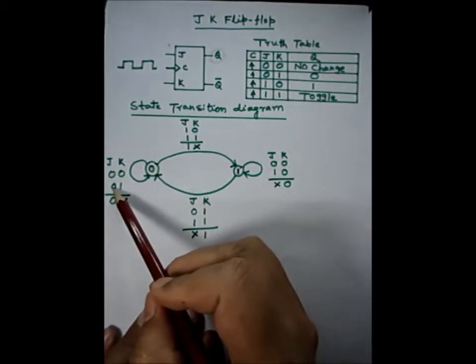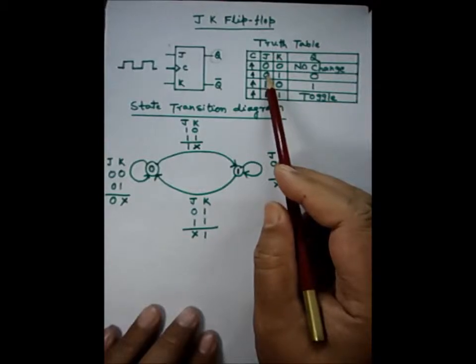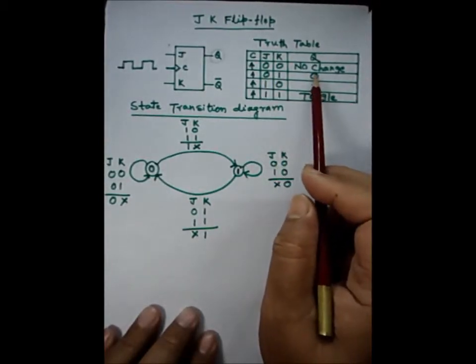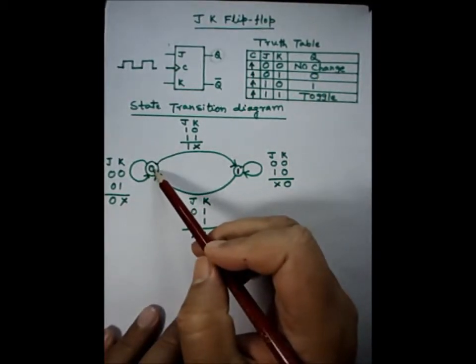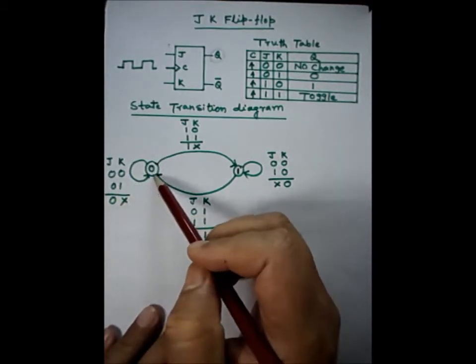And if J equal to 0, K equal to 1, then also from the truth table the output will be 0. Because it was previously 0, it will remain 0. Therefore, these two conditions give this scenario.